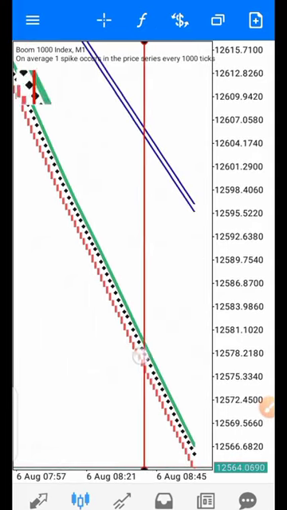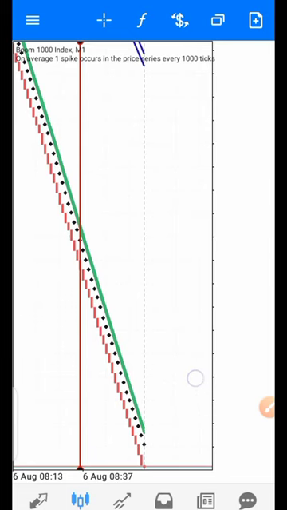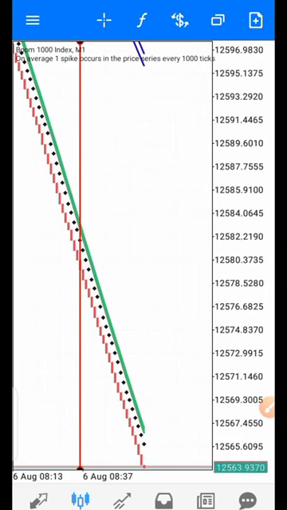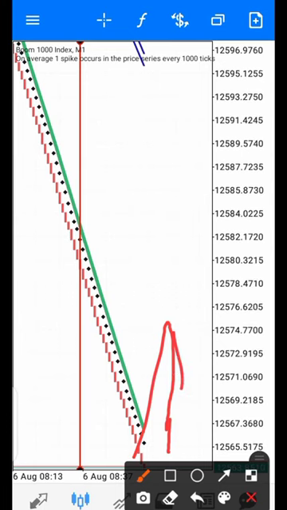Now what we'll be waiting for is a spike. That is our area of concentration. We'll be waiting for a spike that will break here and come back. So we'll be waiting for this spike to break and return back to its normal movement. That is where we find our entry.